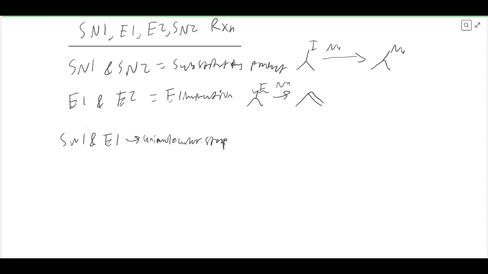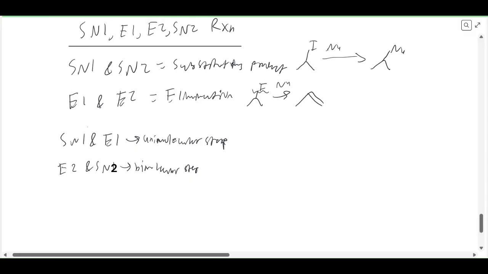So basically everything happens one by one. Whereas E2 and SN2 are a bimolecular step. So everything happens all at once. So now I'll just show you some examples.